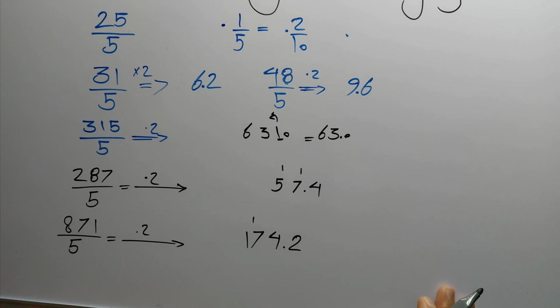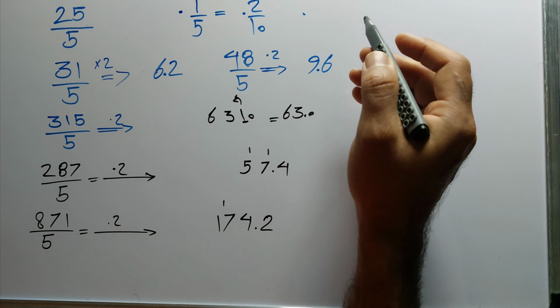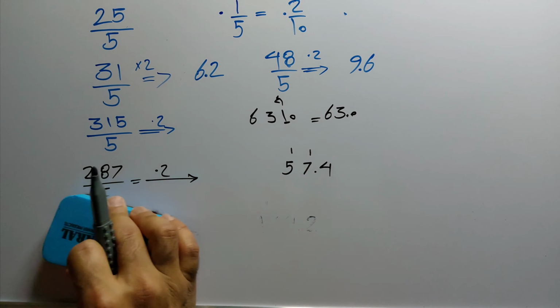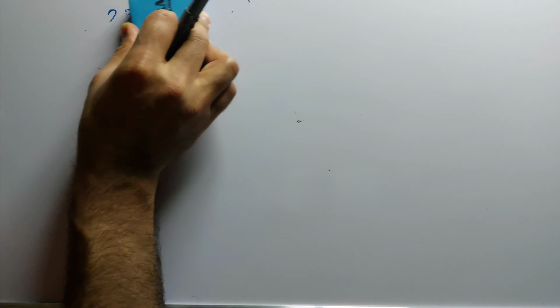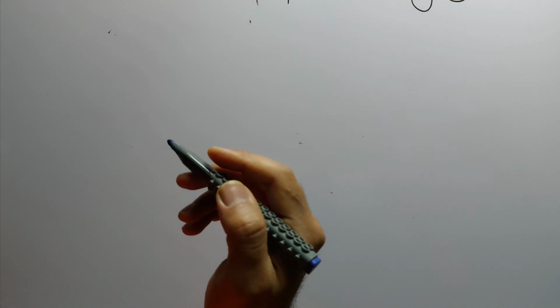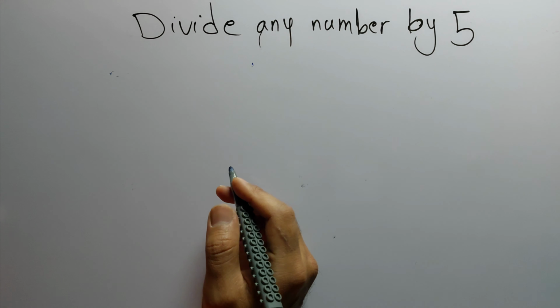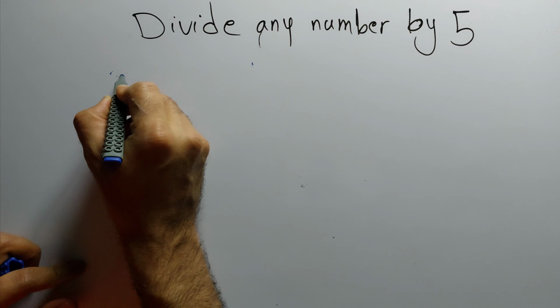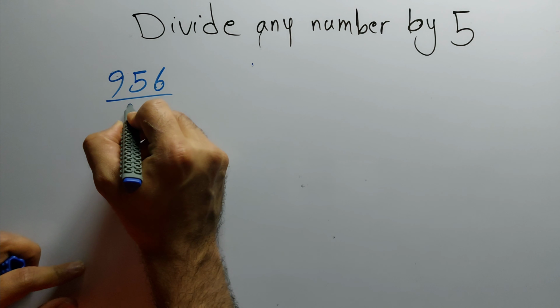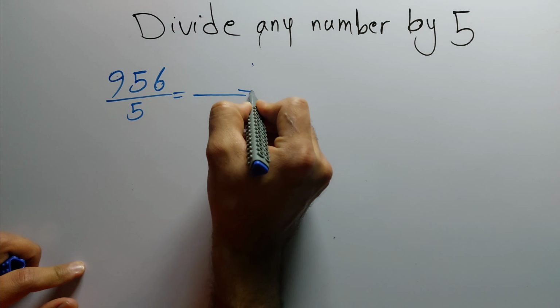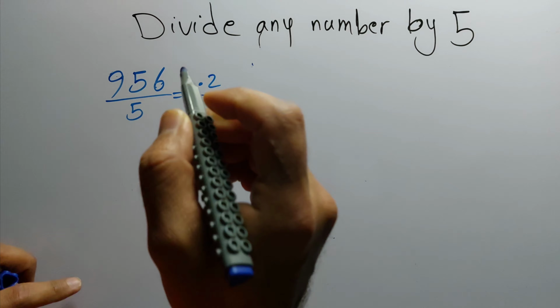So let's add another one here. So let's say you are going to divide, for example, 956 by 5. So then just multiply the numerator by 2.